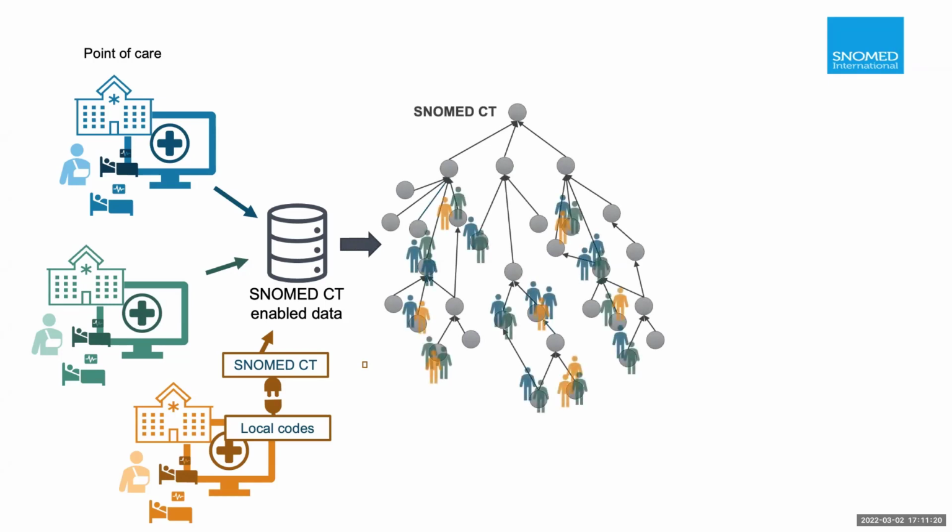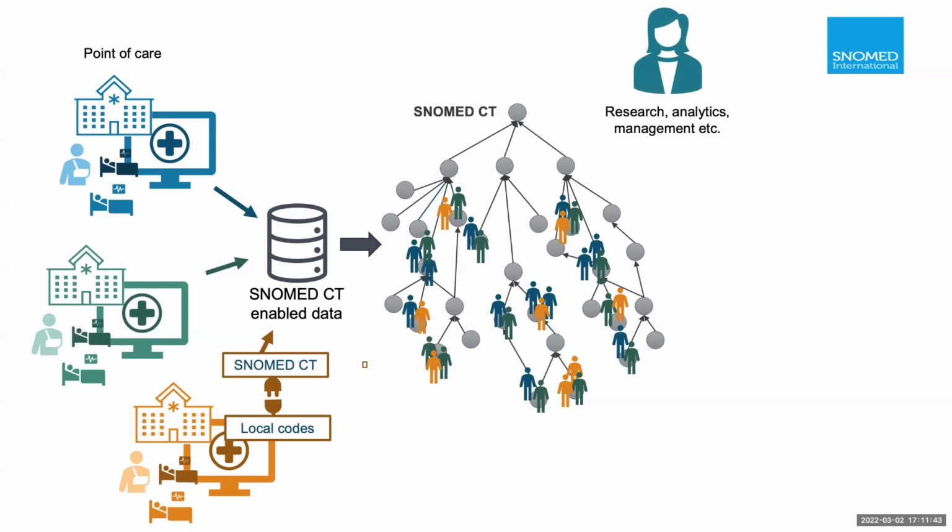What you gain by having a SNOMED CT-enabled representation of data from various places is that you have this collated view of all the patient data that you have captured. And so it's a very efficient way to get a large amount of data that you can then do analytics over.